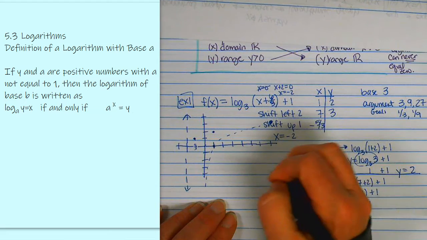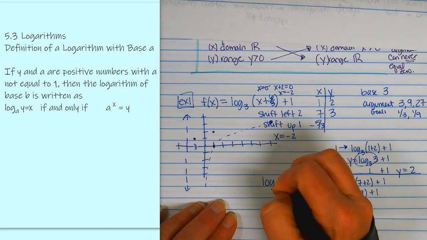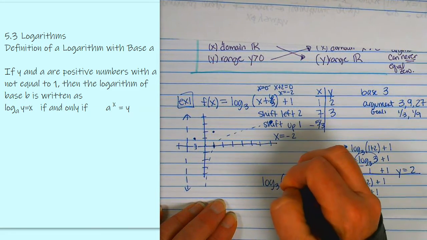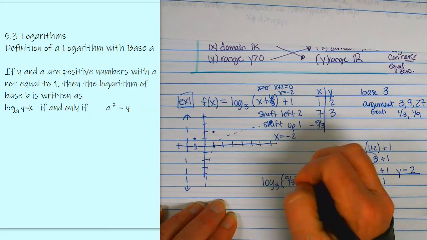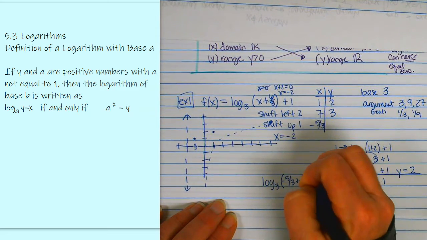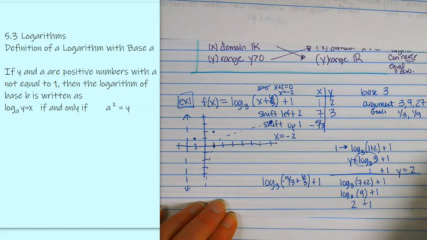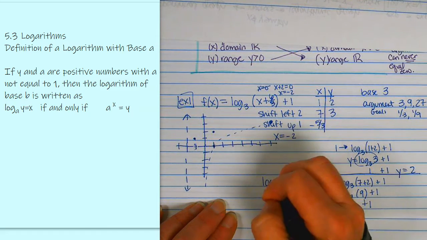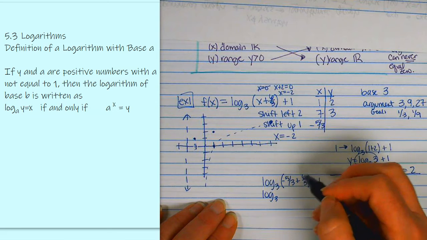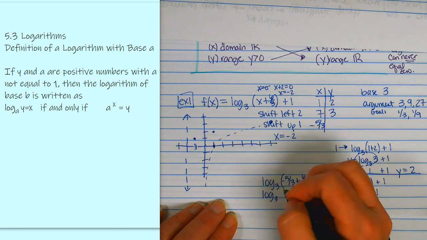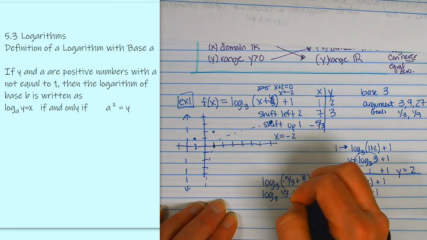Because log base 3 of -5/3, that's what I'm plugging in, plus 2, which is 6/3, plus 1 is my new problem. That's log base 3 of 6/3 minus 5/3, which is 1/3, plus 1.